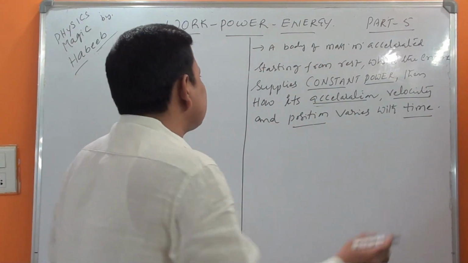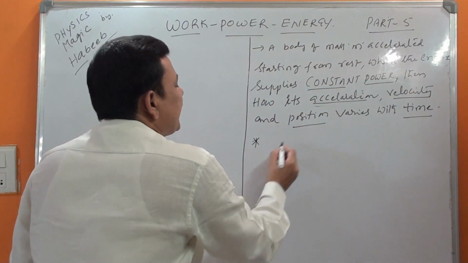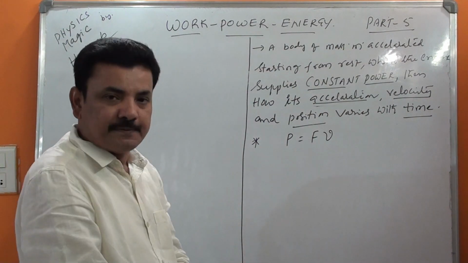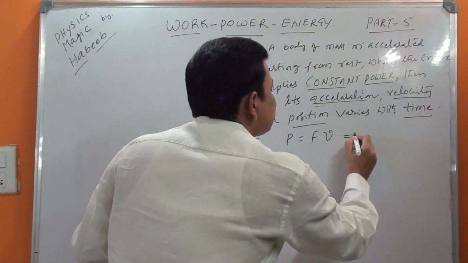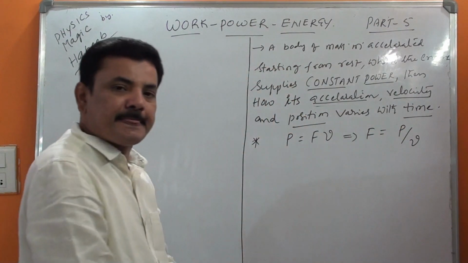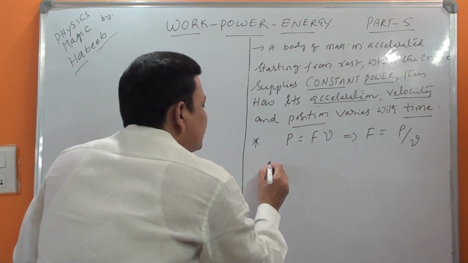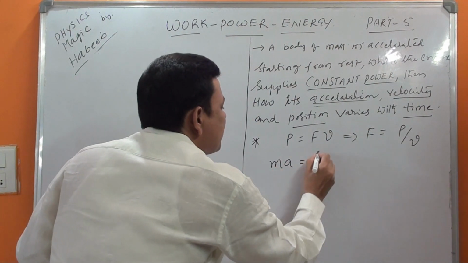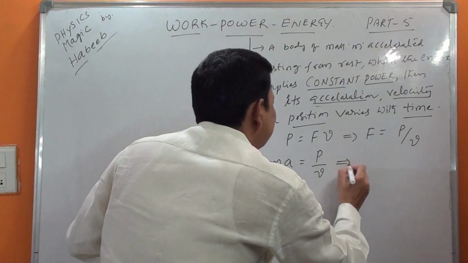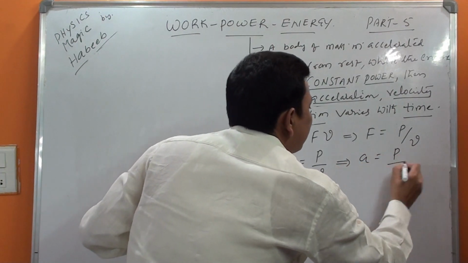So let us see now. Power is equal to force into velocity, as you know well. This gives force equal to power by velocity. But F is equal to ma, so ma is equal to power by velocity, and that gives a equal to P by mv.